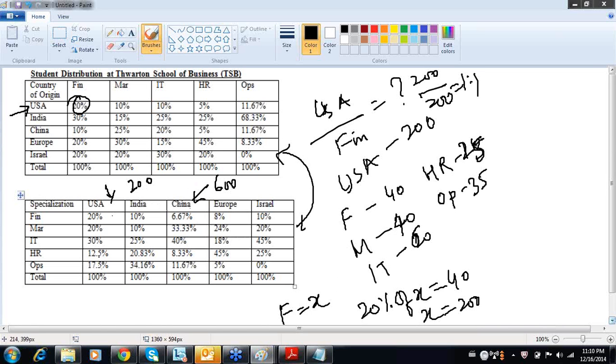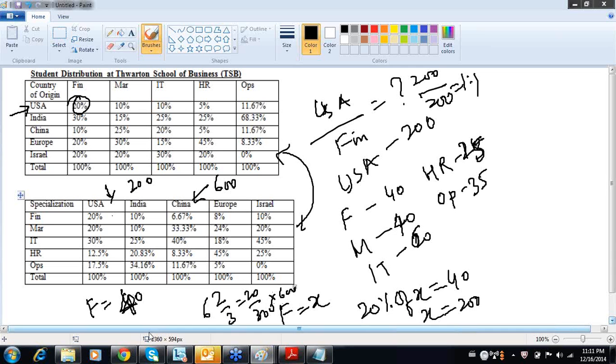For Fin, calculate how much. Fin will be here 1 by 6, 6.67%. That means it will be 6 whole 2 by 3, so 20 by 300 into 600, so it will be 40.